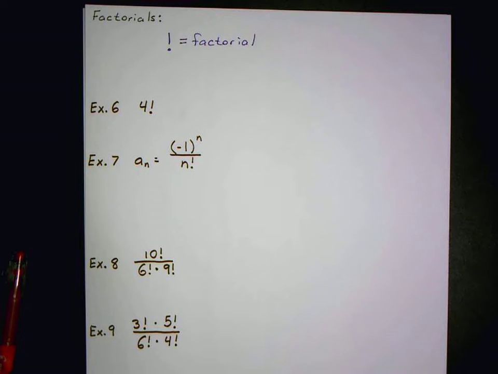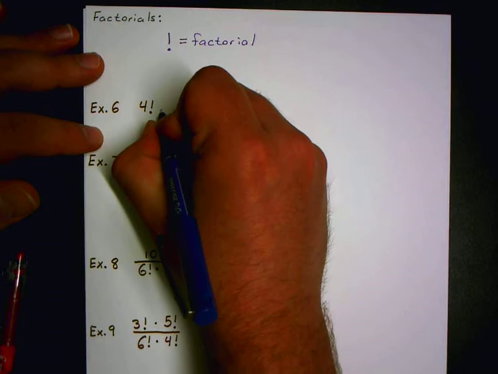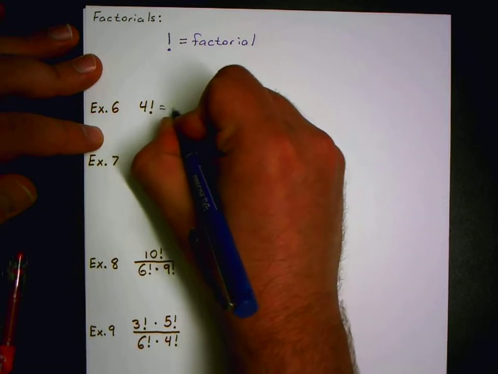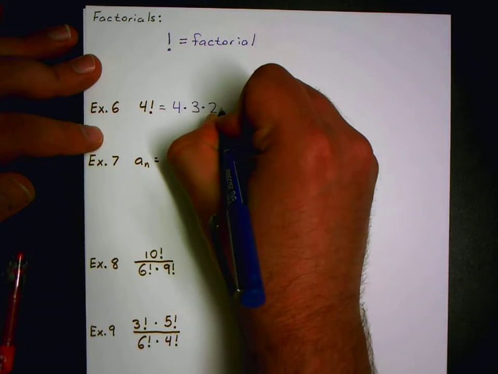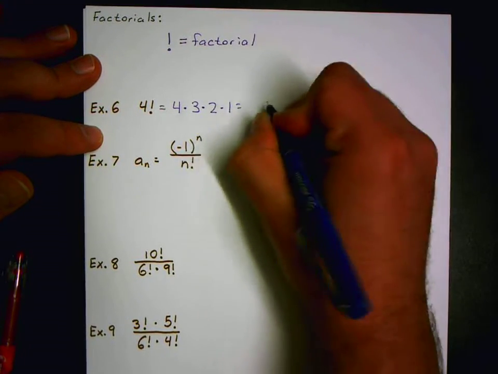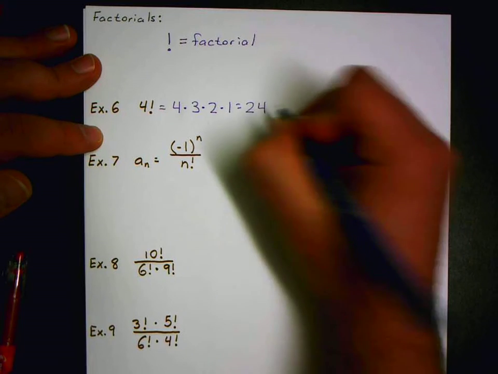What you do with a factorial is any number that you take the factorial of, you take that number and you multiply it by all the numbers less than it, all the way down to the number 1. You never go to 0, because if you multiply it by 0, then the answer is just 0. So 4 factorial would be 4 times 3 times 2 times 1. So 4 factorial is 24.